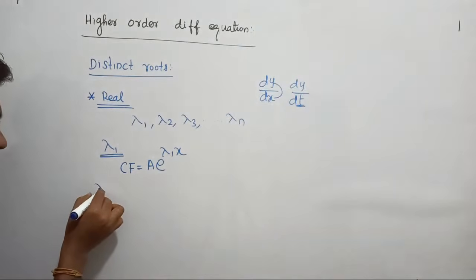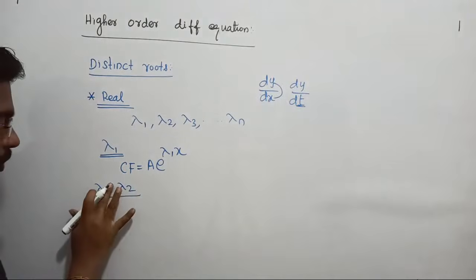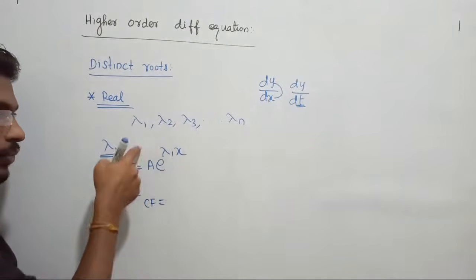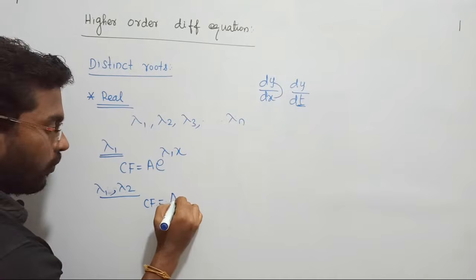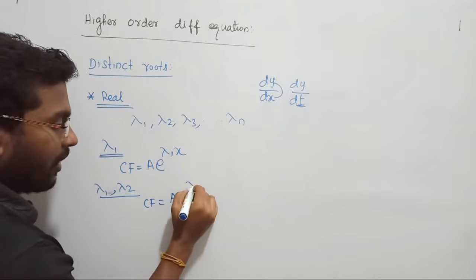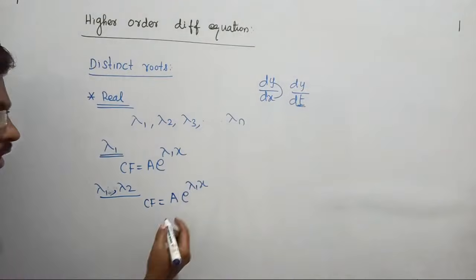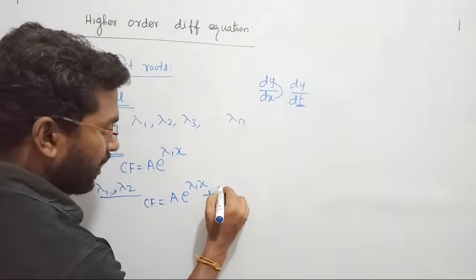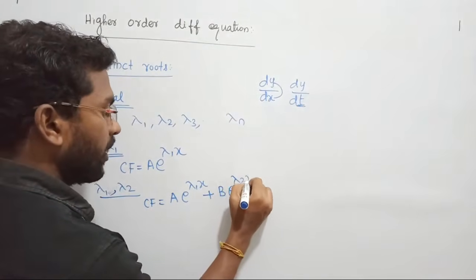For example, if I have two roots, lambda 1 and lambda 2, then for the complementary function you repeat the same procedure, right? One root means one arbitrary constant times e power lambda 1 x, since I am assuming my function is varying with respect to x. If I have two roots, we consider one more arbitrary constant and e power lambda 2 times x.